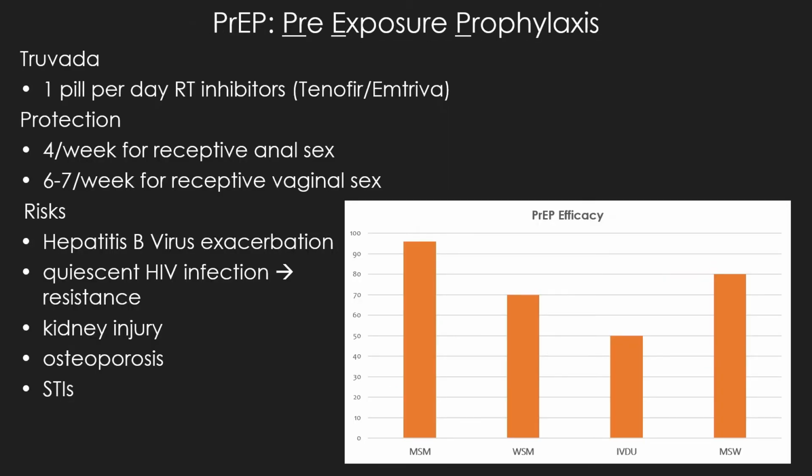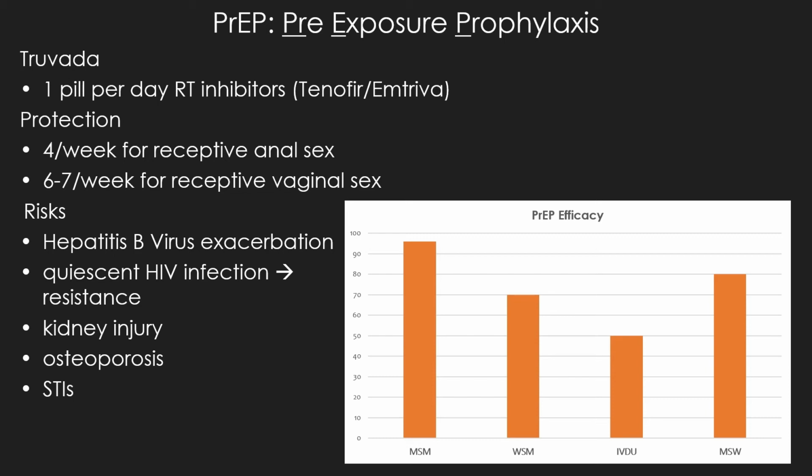So currently in the United States, there is pre-exposure prophylaxis, or PrEP, which comes in the form of a pill called Truvada, for instance, which is a 1 pill per day reverse transcriptase cocktail. And if you take this pill, it will give you enough of a level of this reverse transcriptase inhibitor in order to block the majority of viruses from getting into the body.